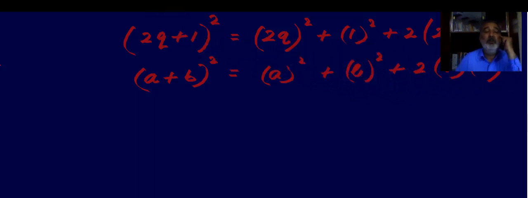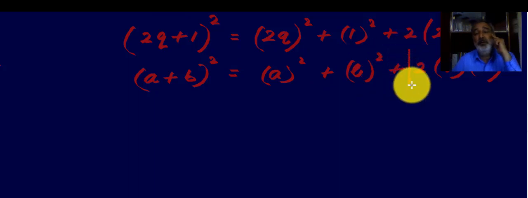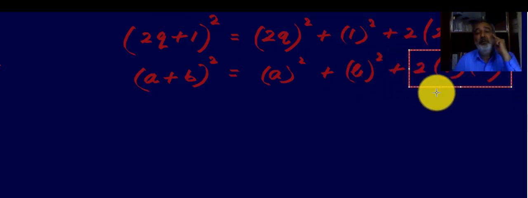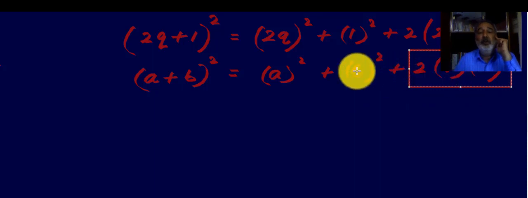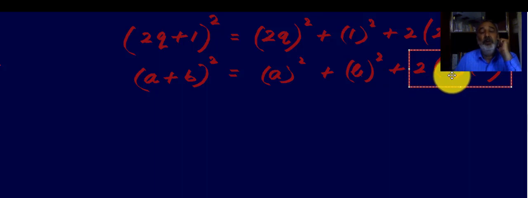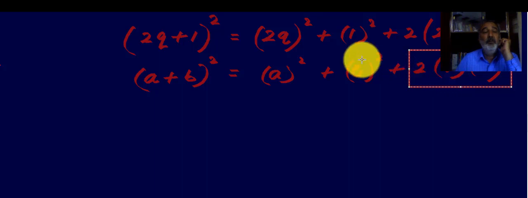Sometimes students forget to use this term. If you are not writing this term, your question is completely wrong. So first of all, you have to learn how to expand squares of binomials. I am taking 1 or 2 more examples.